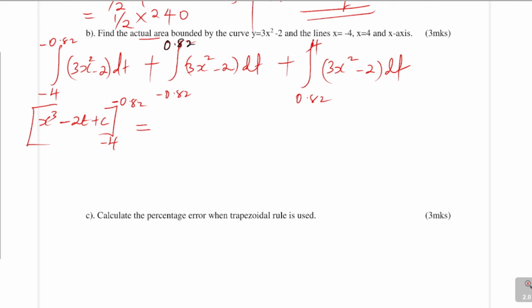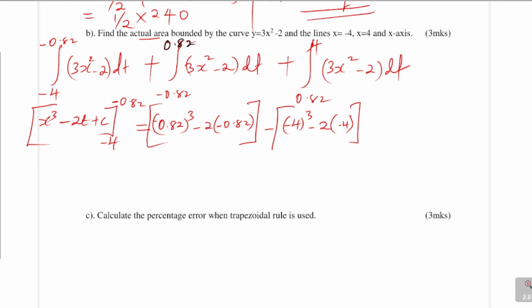When you substitute negative 0.82, you get negative 0.82 cubed minus 2 times negative 0.82. I will not add the constant because it will get subtracted. Then you substitute negative 4: negative 4 cubed minus 2 times negative 4.